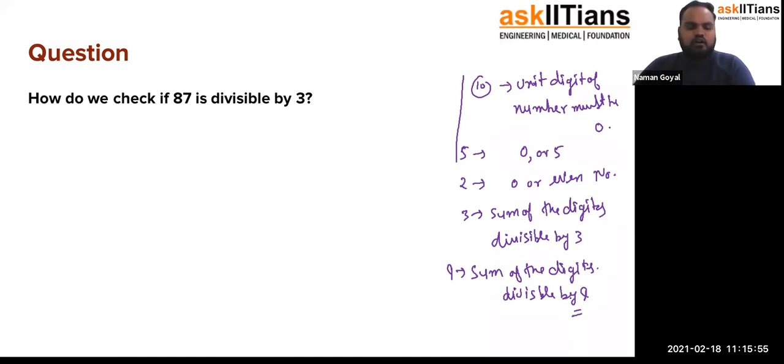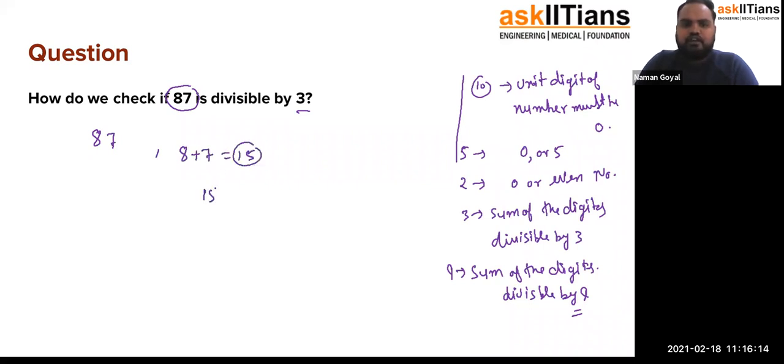Now, what is the question asking? You have to check whether 87 is divisible by 3 or not. So for 87, what we have to do? We have to find the sum of 8 and 7, which is 15.